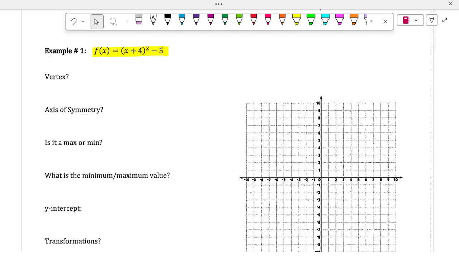And if you don't like the table, you could have also used the calculation function on the TI if you want to, but I think the table's a little bit easier. It's okay if it goes off the graph. We just want to know what the y-intercept is. We may not actually graph it.